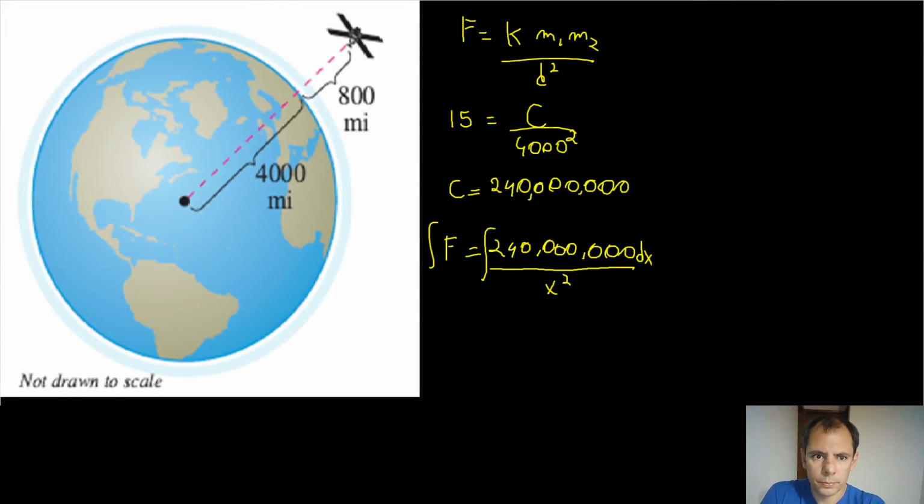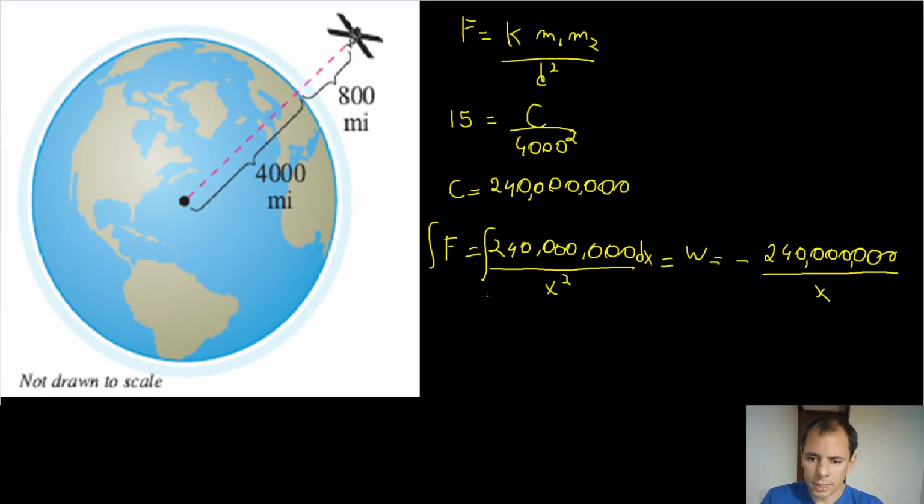All right. So you have this stuff in here now. It's going to be 240 million times x to the minus 2. So you make this become x to the minus 1 and divide by minus 1. So this is going to be equal to the work, which equals minus 240 million divided by x.